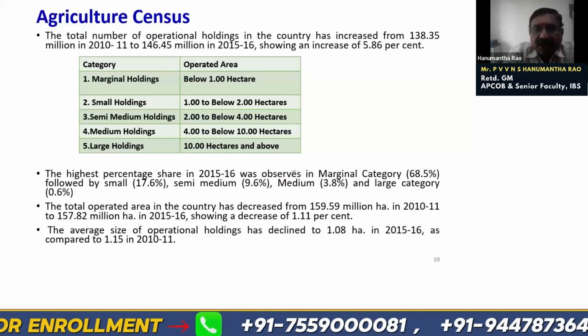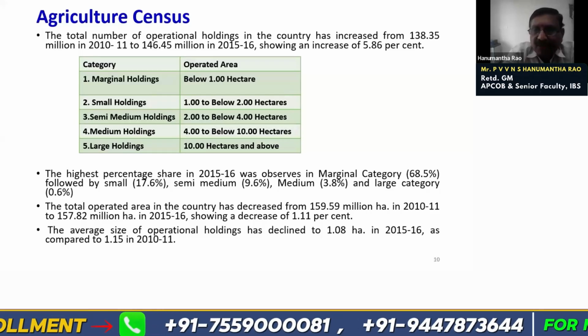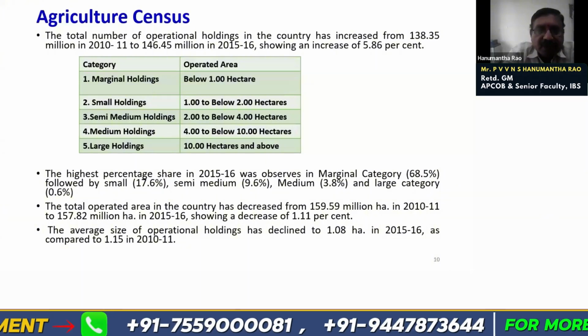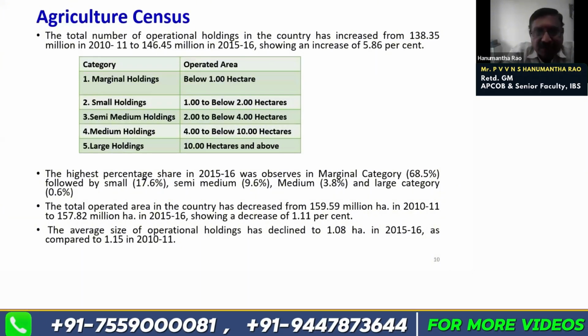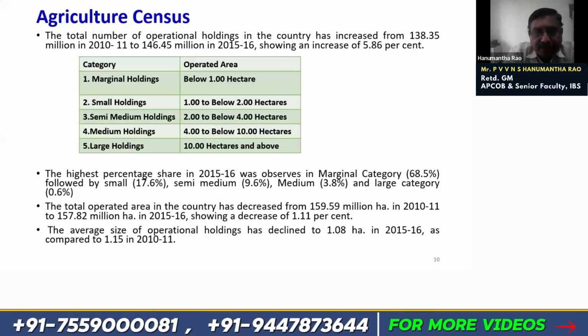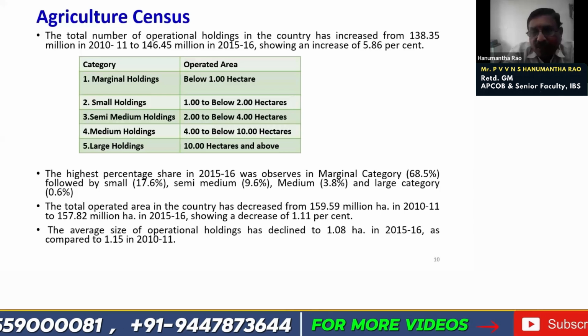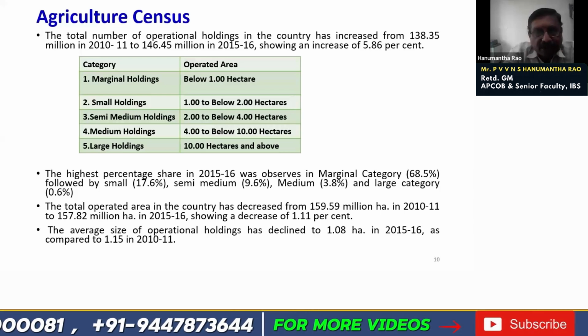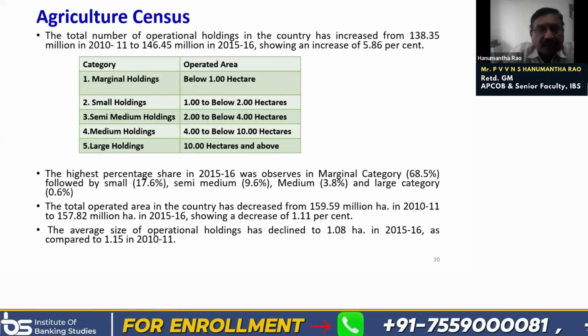Out of this, marginal holdings account for 68.5%, small holdings 17.6%, semi-medium holdings 9.6%, medium holdings 3.8%, and the large category 0.6%.